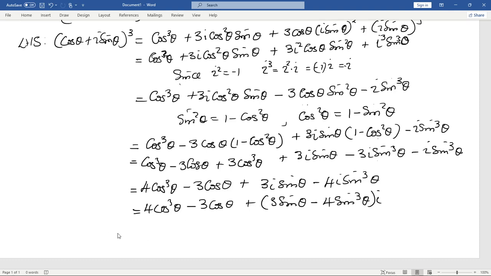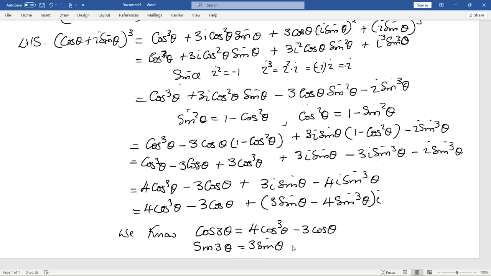Now we know that the identity of cos 3 theta is equal to 4 cos cubed theta minus 3 cos theta, and also the identity of sin 3 theta is equal to 3 sin theta minus 4 sin cubed theta.